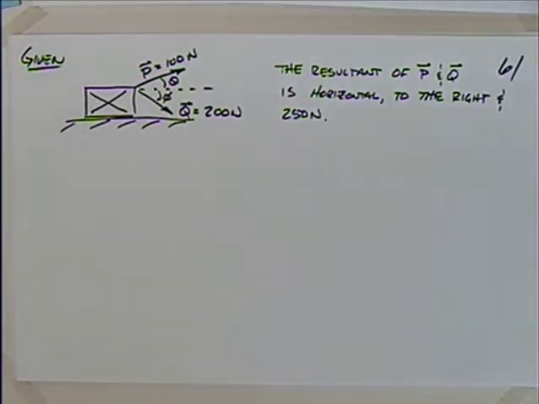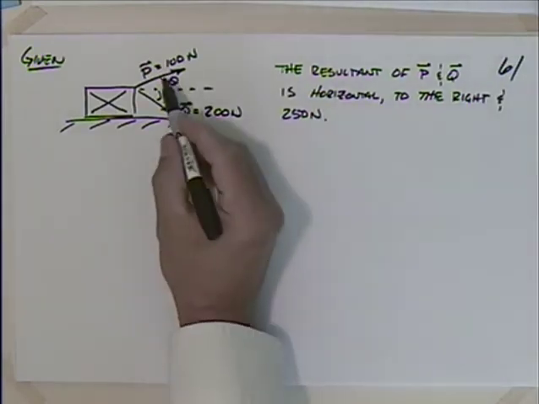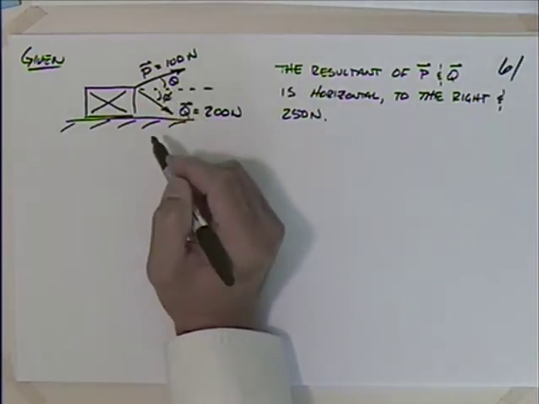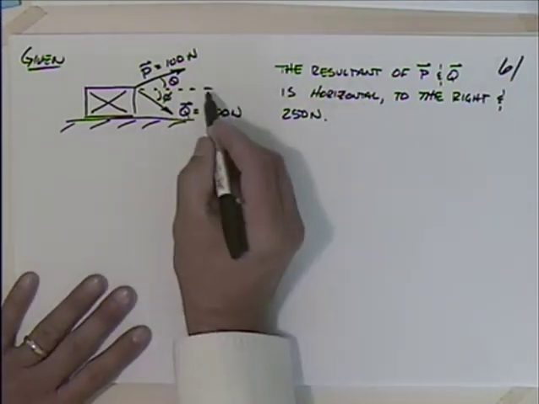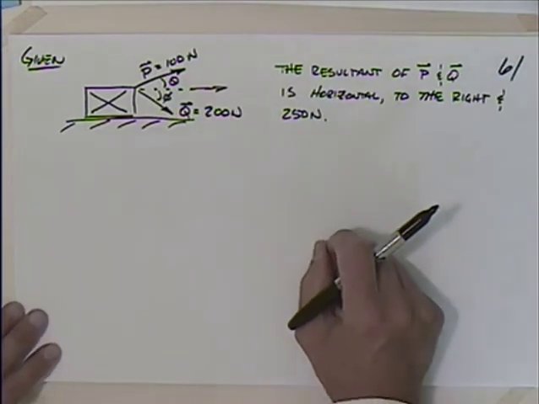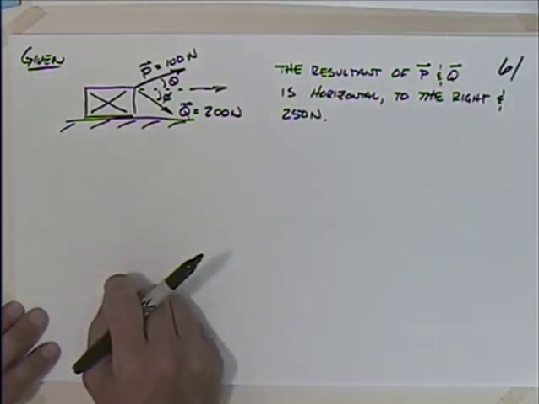Okay, so this one we're kind of told the answer, and we're asked to work backwards and essentially find out where these forces are applied, what the angle theta is and what the angle phi is. We're told that the result is in the horizontal direction, so there's the horizontal direction. It's to the right, and it's 250 newtons. Okay, so let's see if we can do this.